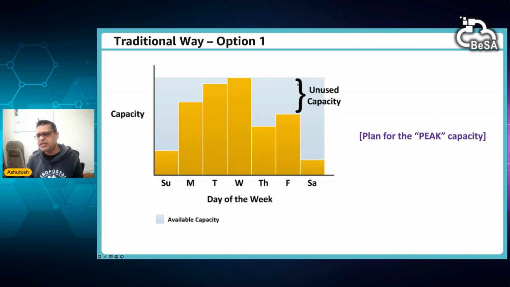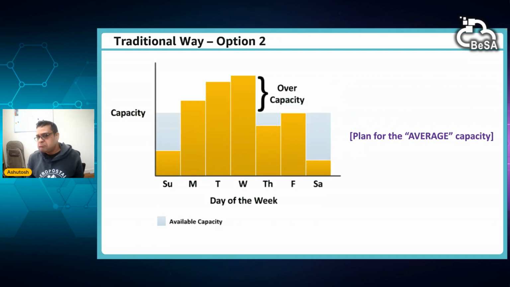So there is a big unused capacity. You are paying for it. And in cloud also, in AWS also, if you go for this option, then there is unused capacity. You don't want that, because it is against the well architected principle. So the other option is to average it out.